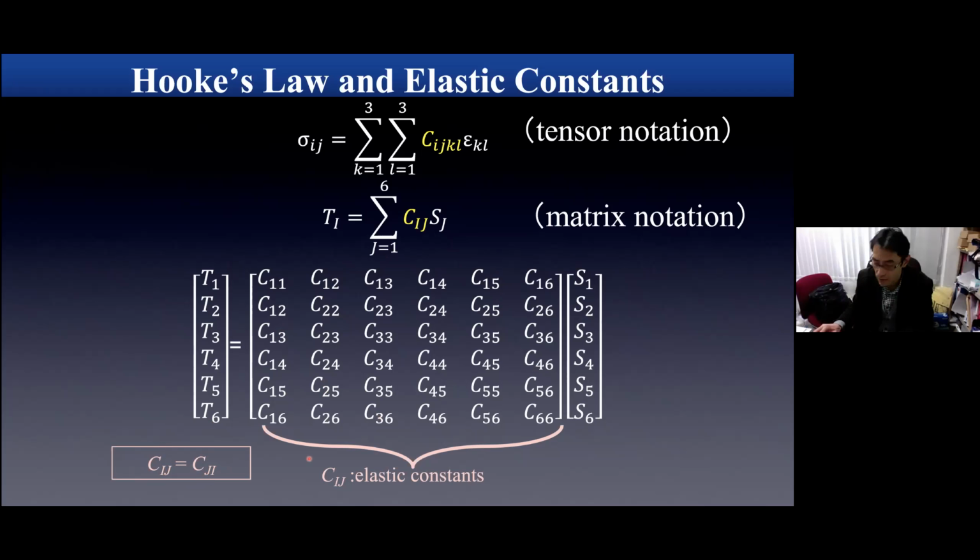And then in this case, we have a maximum of 21 independent elastic constants. However, usually we don't need to take all 21 because of the symmetry of the material.